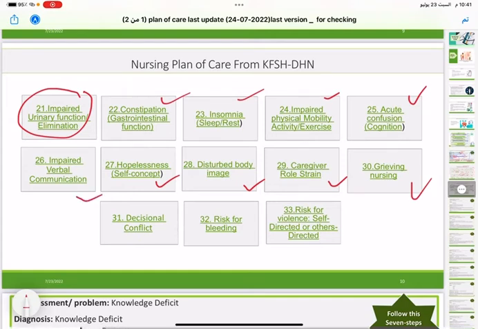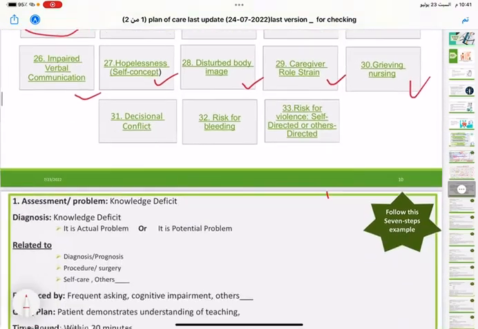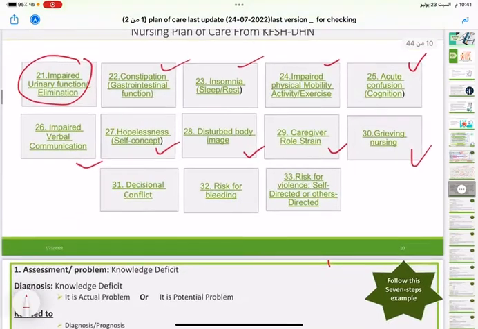So the patient may be having altered verbal communication due to so many problems. So you can write here, there are so many examples, it will help you. You can go through this example, and then you can see the examples. It will be down ahead, so you can see all the examples.